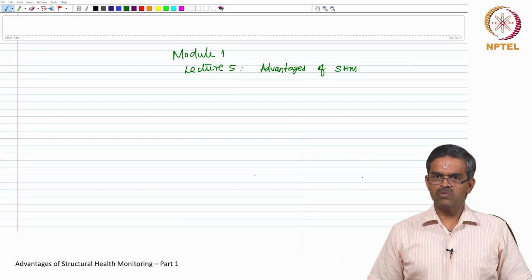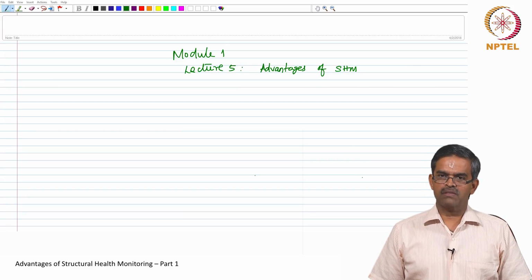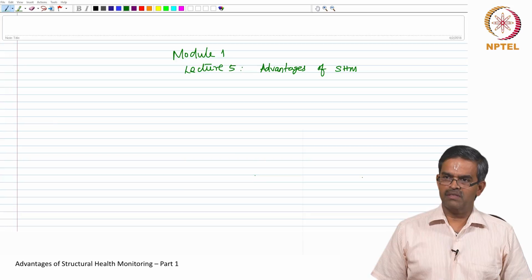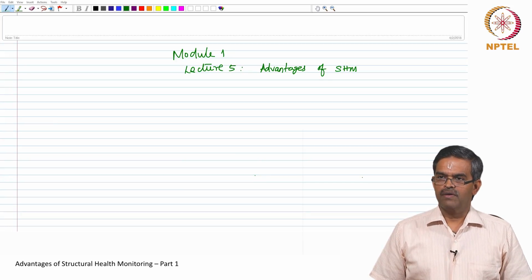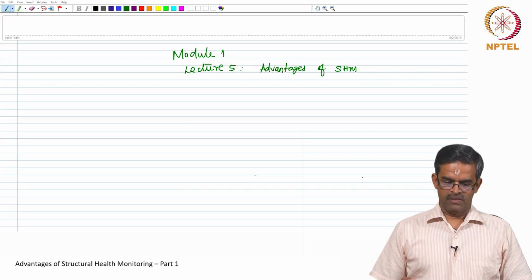In addition to that, we will also see what are the latest methods of non-destructive evaluation which are deployed along with SHM to assess the current status of health of structures.